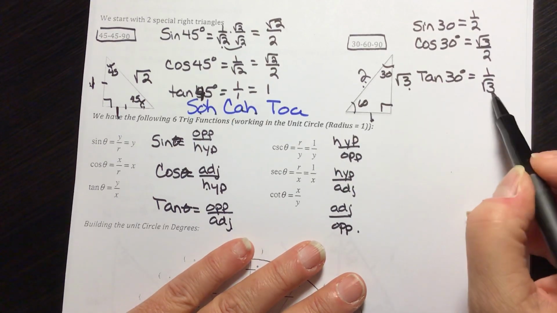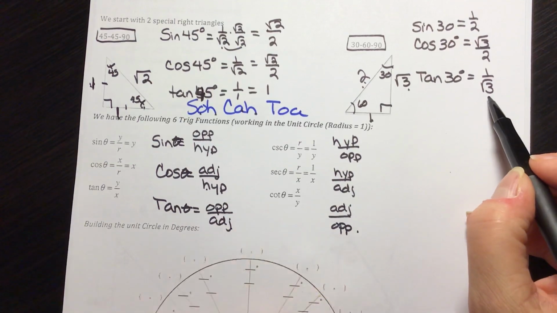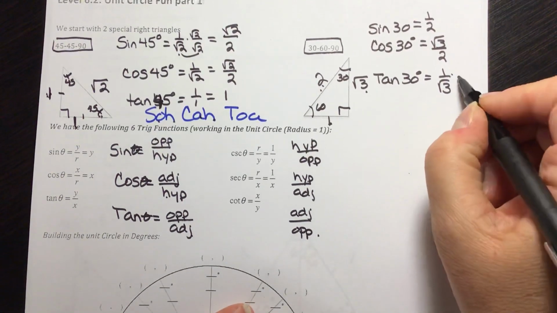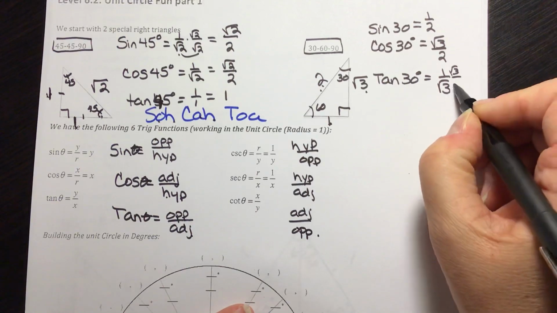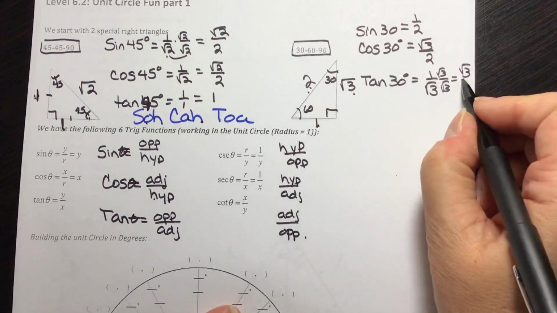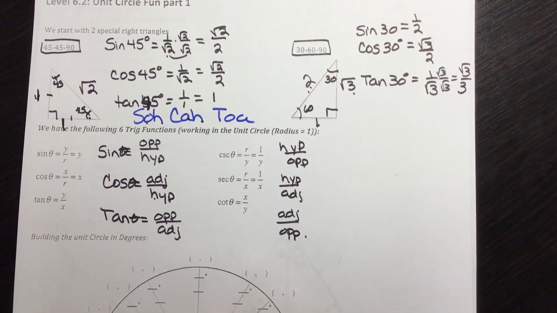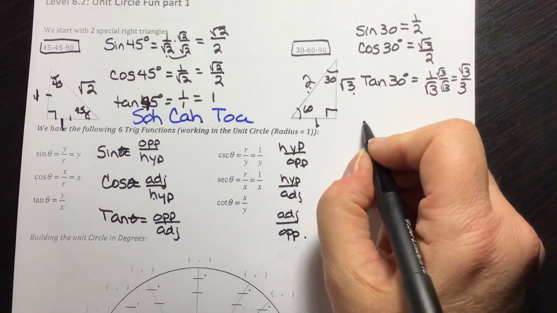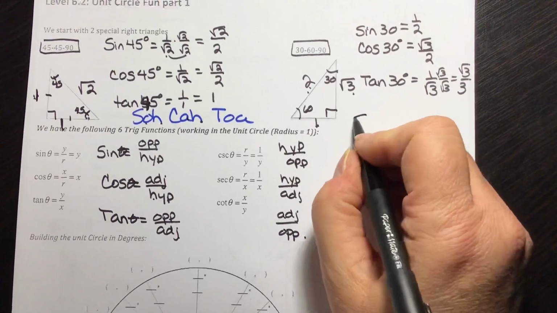Okay, so again, we don't want to leave our square root of 3 in the denominator, so I'm going to multiply top and bottom by the square root of 3, and that gives me the square root of 3 over 3, and that's the tangent of 30. And last, let's go ahead and do 60 degrees.